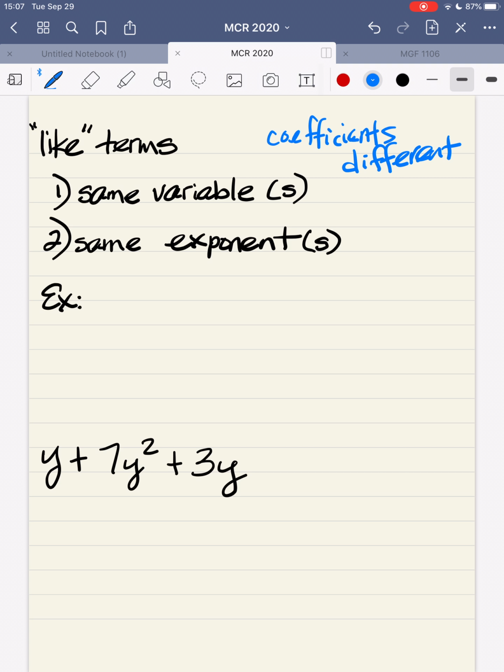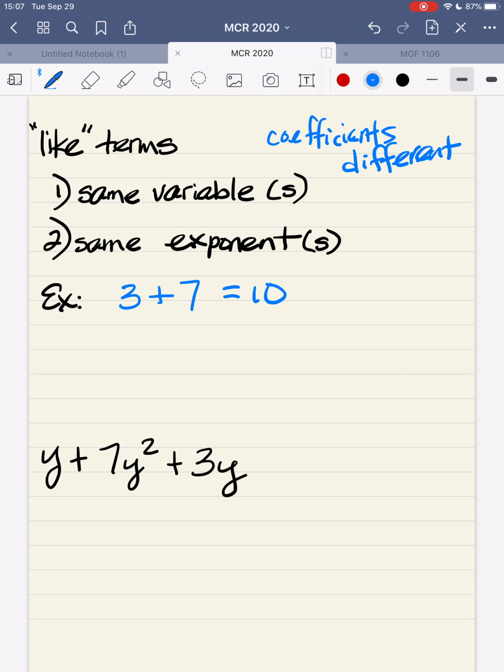So examples of like terms, let's say we have 3 and 7. Okay, these are both numbers. All right, so therefore they are constant terms. And I can actually go ahead and add them. So if I have 3 plus 7, I'm going to get 10.